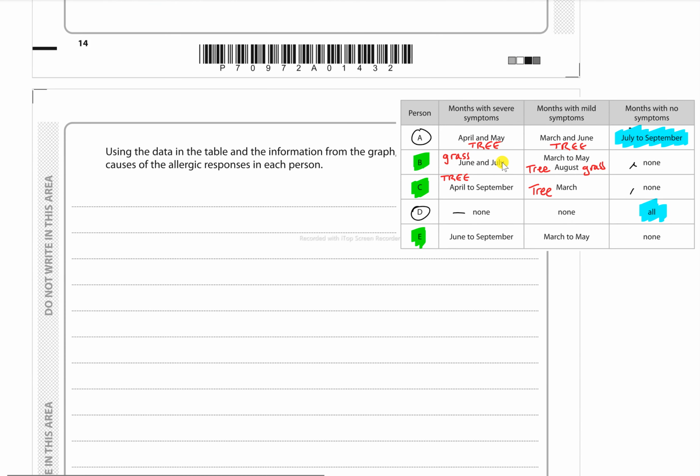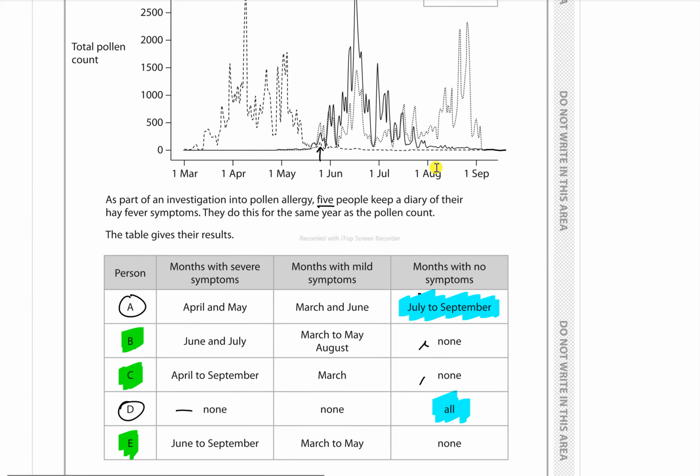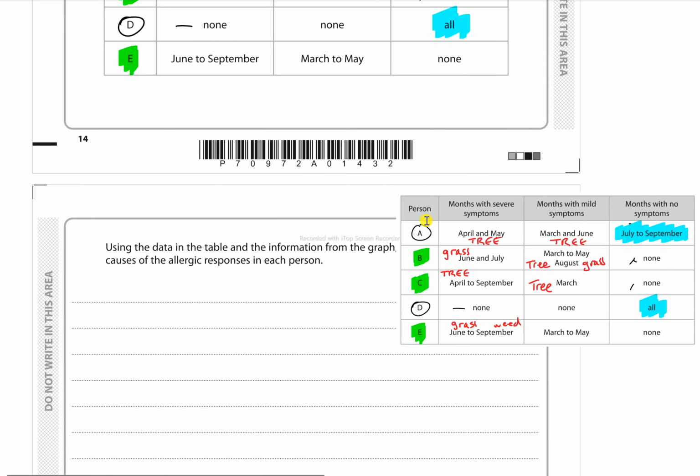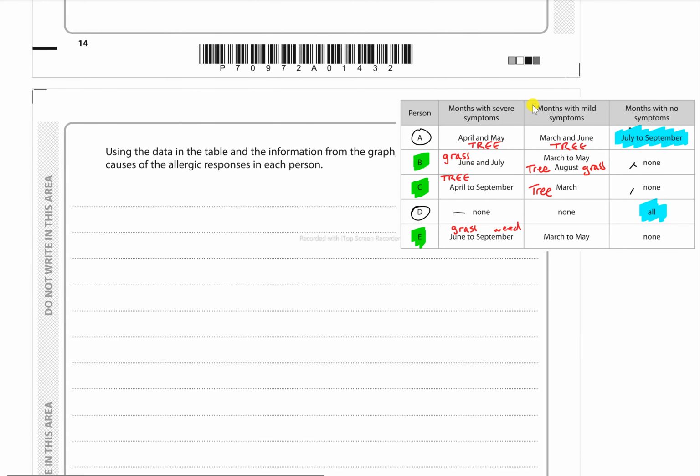So this is grass and weed. March to May, March all the way to May. That'll be tree. There you go. That's just good having the paper in front of you, but okay, we've got that.